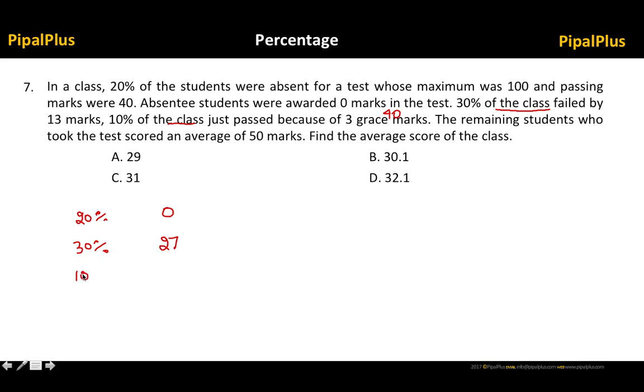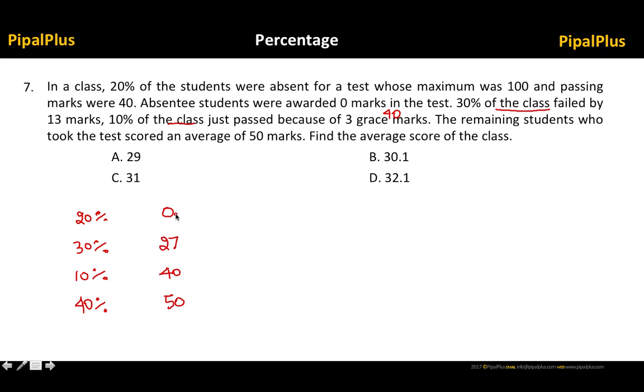Then another 10%, while they did score 37, were given grace marks, so now their totals are 40, so they scored 40 marks each, right? The remaining, out of 100%, this is 60%, so the remaining 40% have averaged 50 marks, right? So we have to find the average score of the entire class.